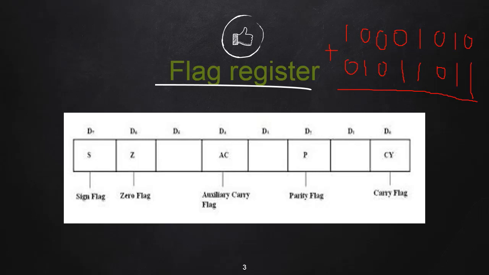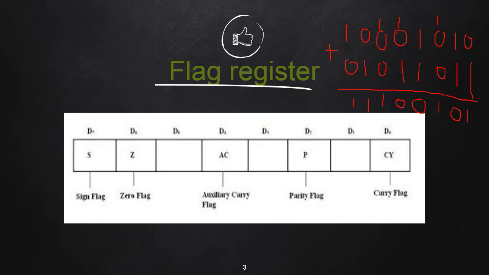While performing addition of the two numbers: 0 plus 1 is 1, 1 plus 1 is 0 and carry 1. 0 plus 0 is 0, plus 1 means 1. 0 plus 0 is 0 and carry 1. 0 plus 1 is 1, and 1 plus 1 is 0, carry 1. 0 plus 0 is 0 and 0 plus 1 is 1. 0 plus 1 is 1 and 0 plus 1 is 1.